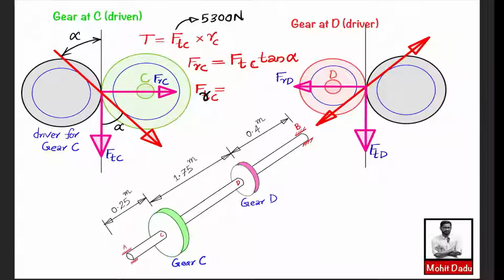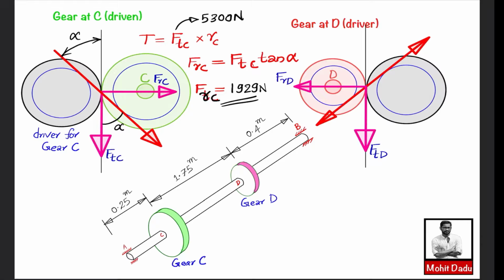You are evaluating FRC, and FRC will be equal to 1929 Newton. So this is the tangential and the radial component, and you have obtained the magnitudes.